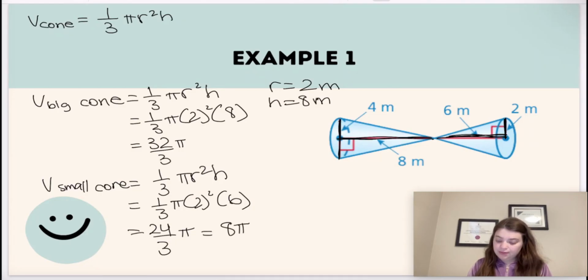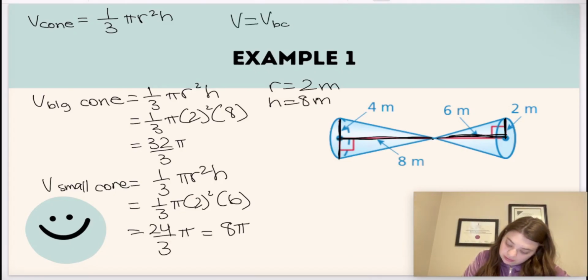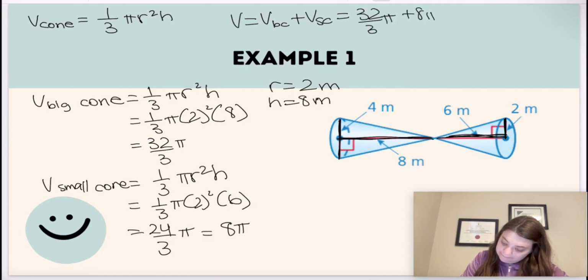All right, so in order to find the overall volume, it is equal to the volume of the big cone plus the volume of the small cone, which is equal to 32 over 3 pi plus 8 pi. Now 32 over 3 is the same as 10 and 2/3, right? Because 3 times 10 gives us 30, so then we'd have a remainder of 2.